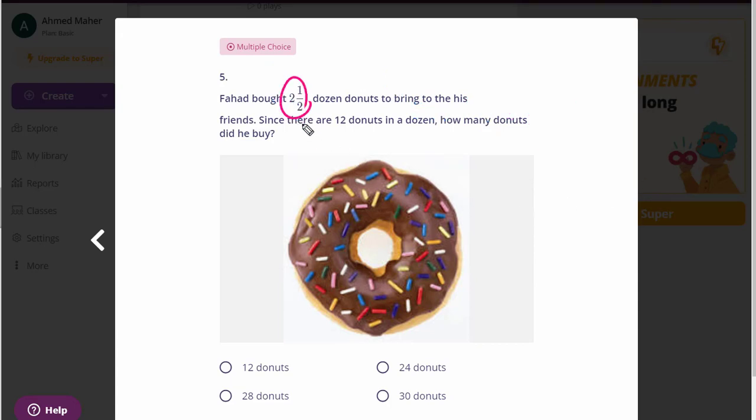We will multiply 2 and 1/2 by 12 because it's a dozen. Multiply the 12 by 2, it's 24, and 12 times half equals 12 halves. So 24 and 12 halves, this is 6. So it is 30. Any questions?